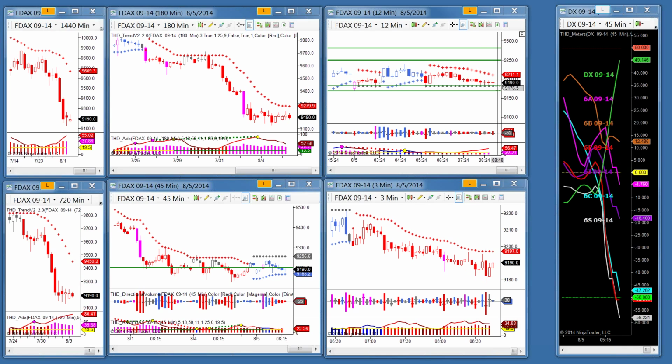Because here is where your support is. If it finds support in these two areas, there's nothing in the way until it gets up here. Yeah, I'm paying for time more or less.